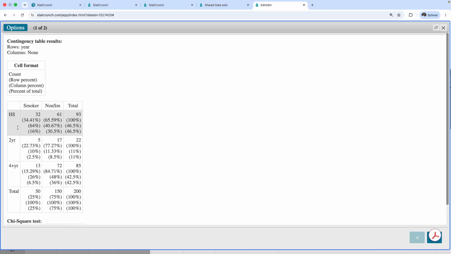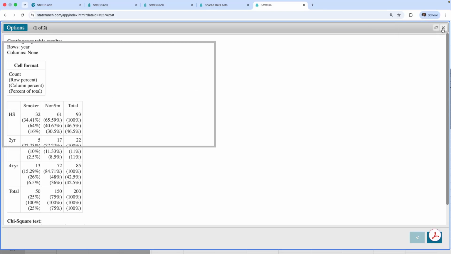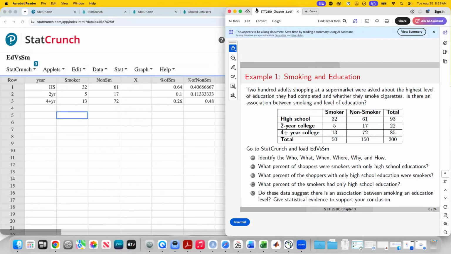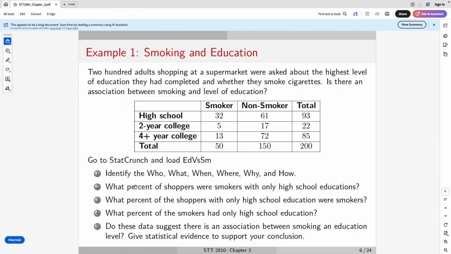Because the question would ask you, just like you see in the PDF, what percent of shoppers with this? It's easier for you to see, oh, 32 divided by 200, like that. So you are faster to use your calculator than going through StatCrunch to do all that.